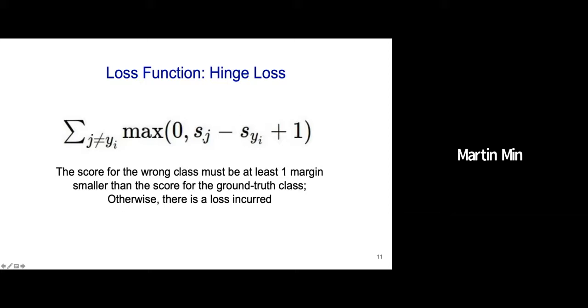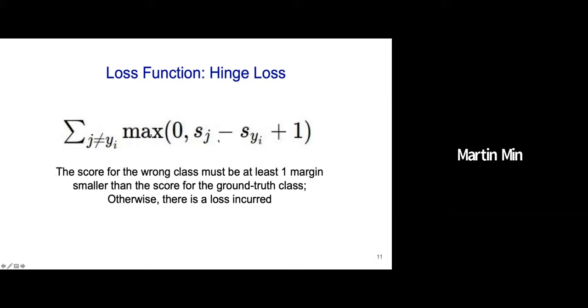What does it mean? If S_j equals S_yi minus 100, that's very good because you have a margin of 100. The S_j must be at least one margin smaller than S_yi, and then you will not have any loss. The more negative this term, the better.